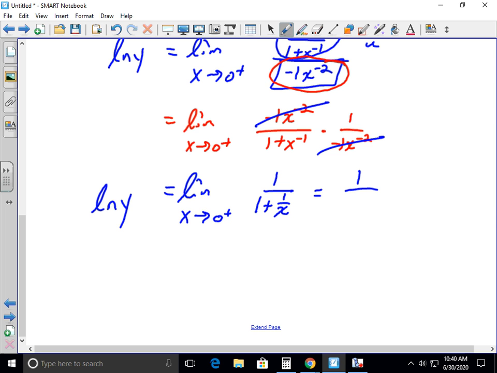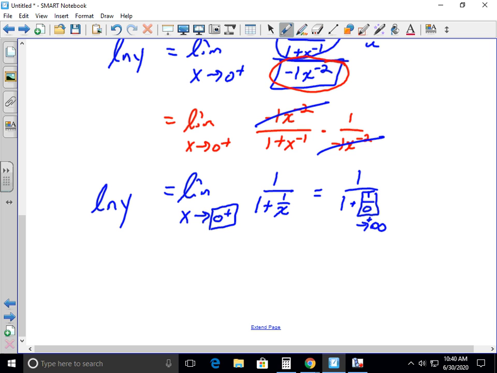If we put a 0 in on bottom, 1 divided by 0 is undefined. But also keep in mind, as x is getting close to 0 from the right side, this is getting closer and closer and closer to positive infinity.